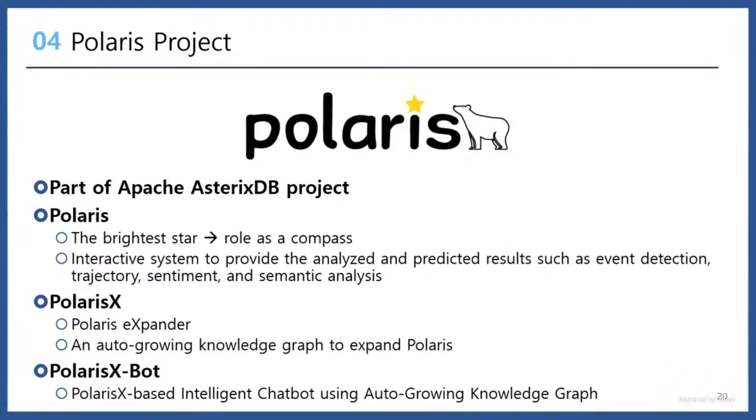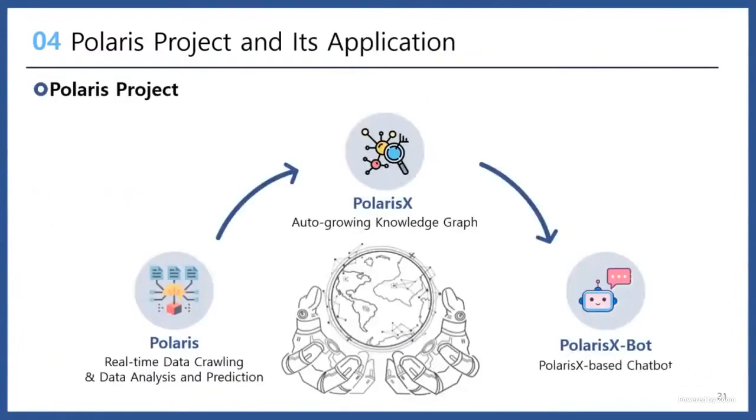Polaris X is a Polaris expander, an auto-growing knowledge graph to expand Polaris. Polaris Bot is a Polaris X-based intelligence chatbot using the auto-growing knowledge graph. From now on, I am going to talk about these three Polaris projects.